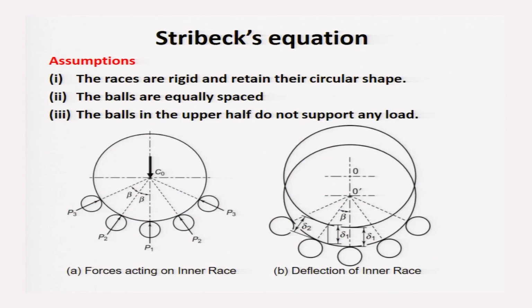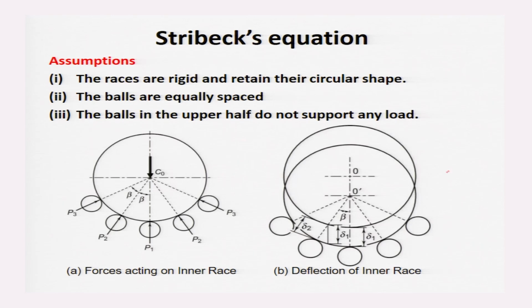Now, let us find a value of load that acts on the heavily stressed ball, and that is given by Stribeck's equation. The assumptions which are taken in this mathematical modeling: the races are rigid and retain their circular shape. That means the inner race and outer race are rigid.